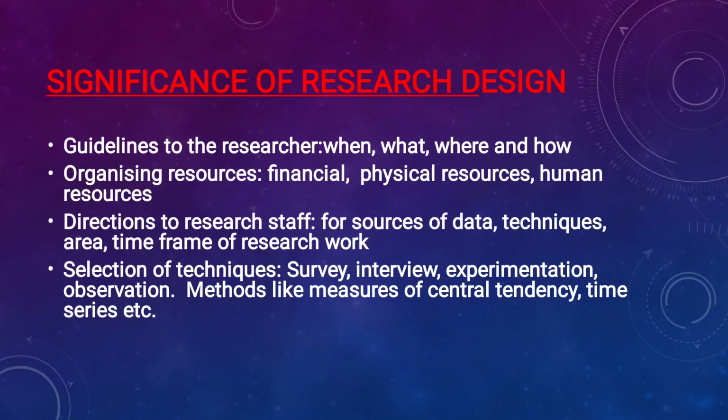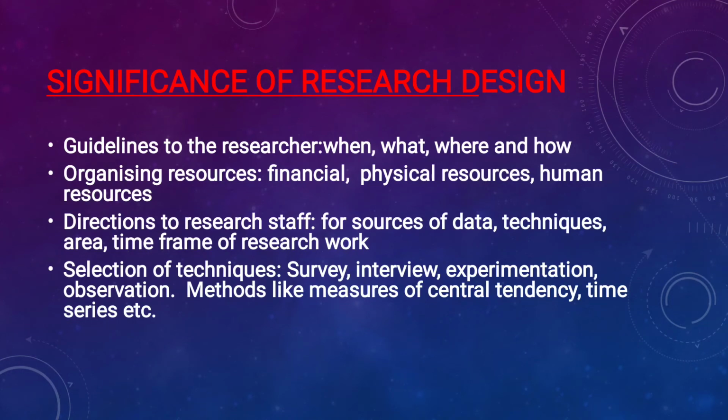And human resources means manpower. So in any organization, we are in need of these resources. What they are saying here is that in research design, we are going to focus on these three resources for collecting the data, and these resources should be organized in a proper manner.